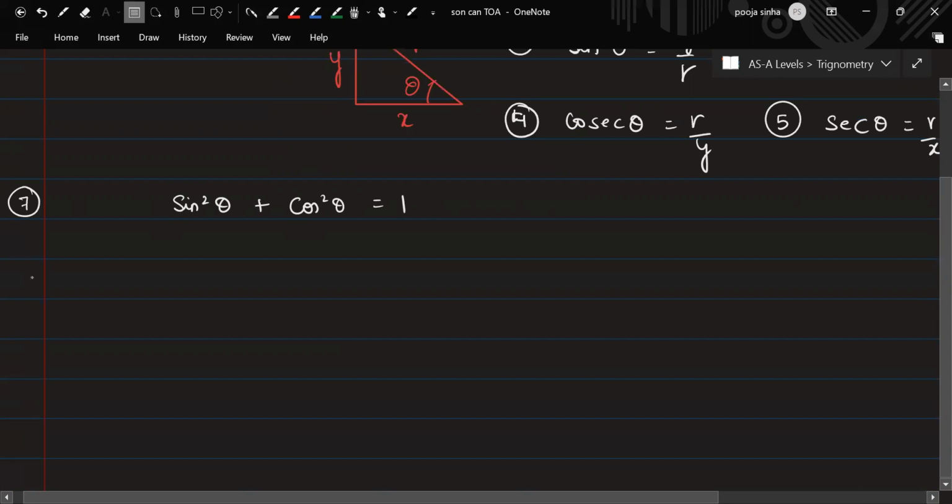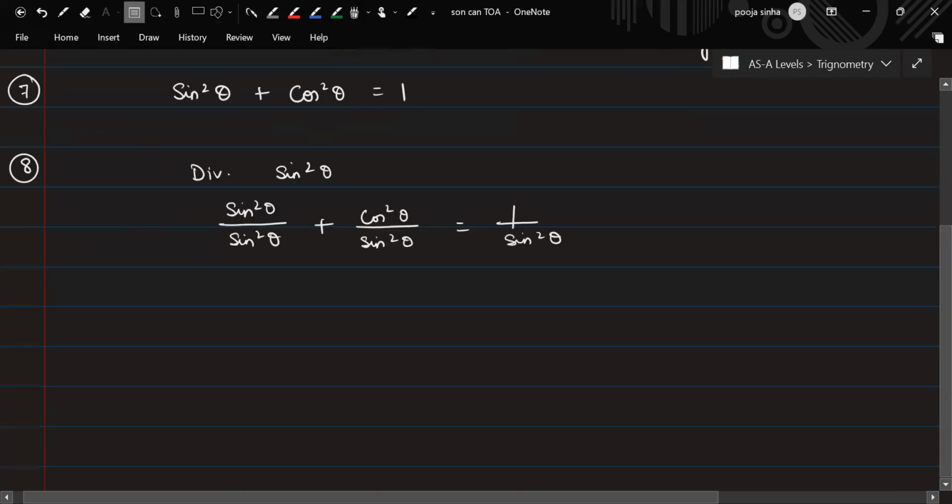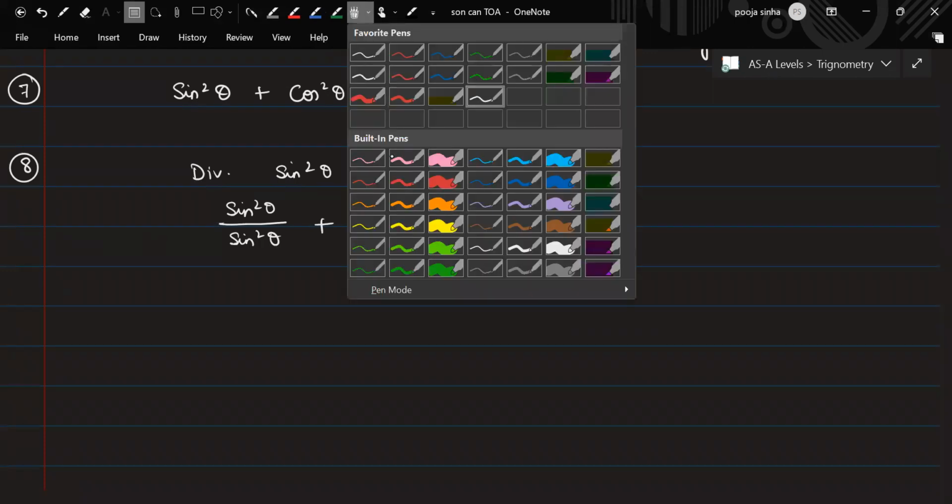Now the eighth one. Let me divide this entire equation by sine square theta. So what will happen? Sine square theta upon sine square theta plus cos square theta upon sine square theta is equal to 1 upon sine square theta, because I'm dividing the entire equation by sine square theta, doing the same on both sides.